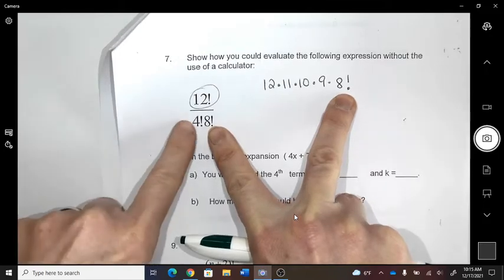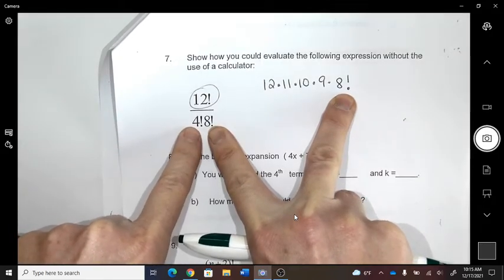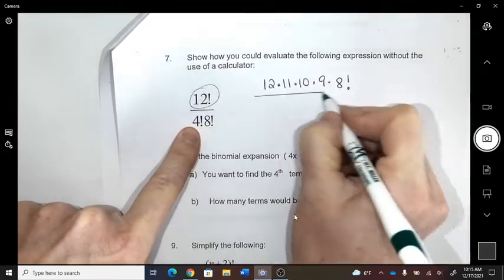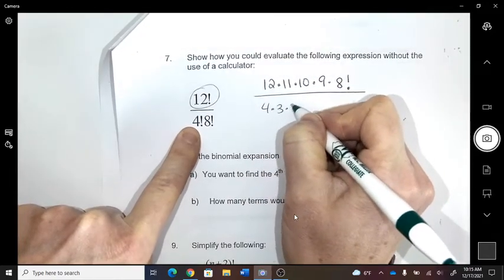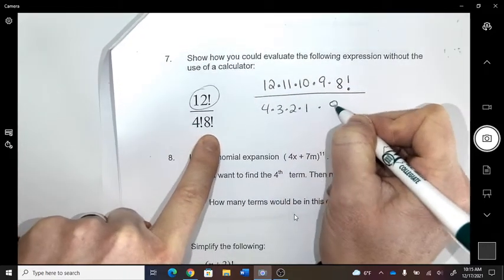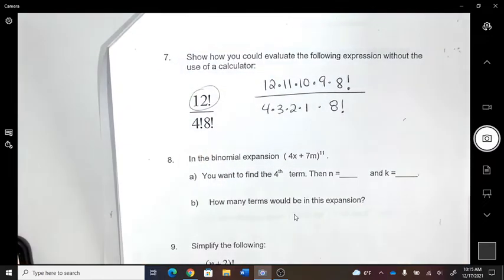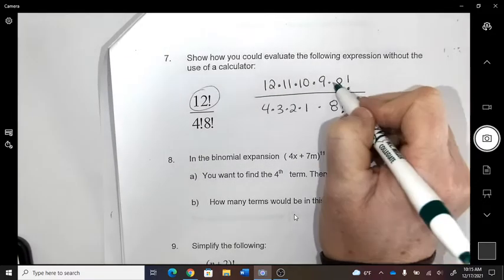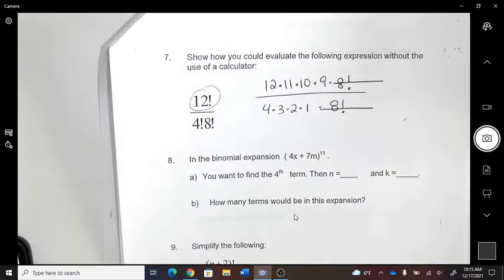But I think we should still expand the 4 factorial, right? So 4, 3, 2, 1. Okay, so that would cancel.